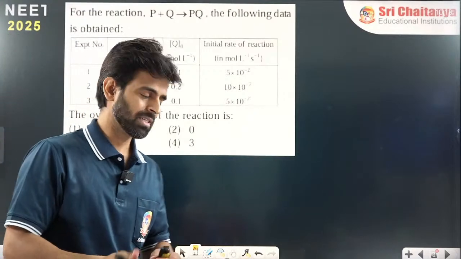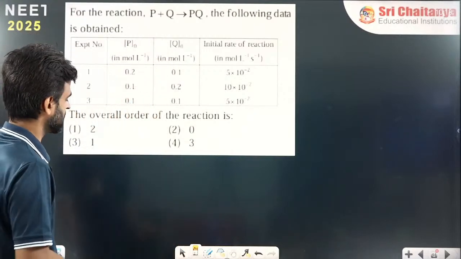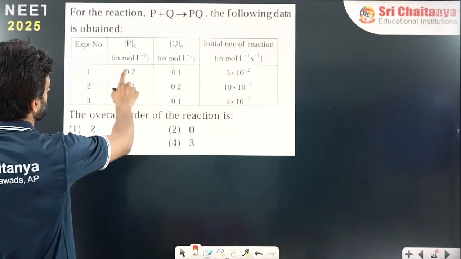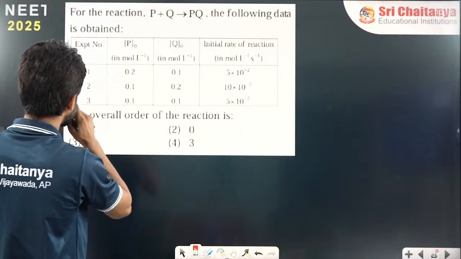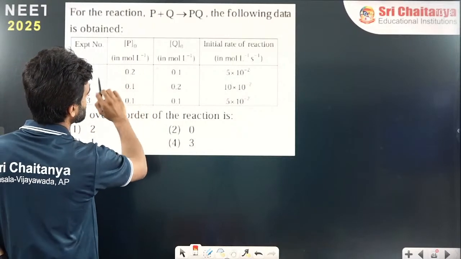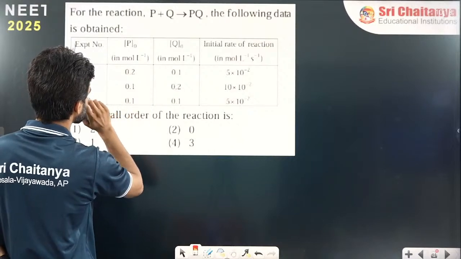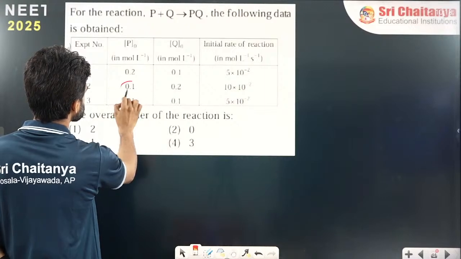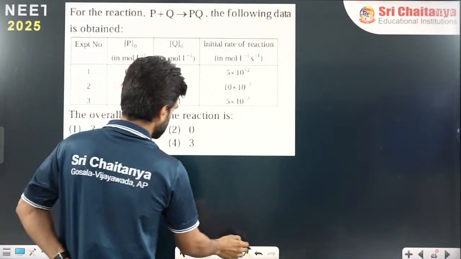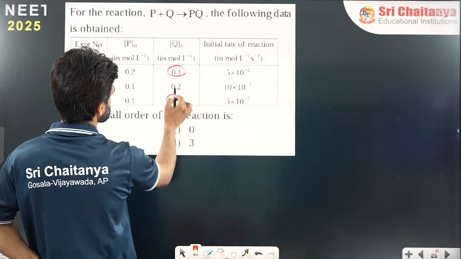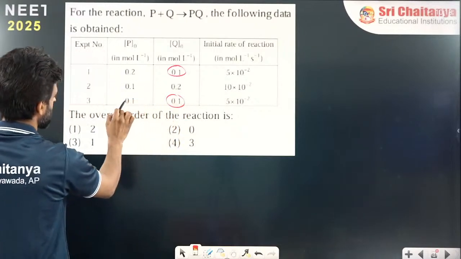So we have to see the rate expression or order now. What do we have? It's P and Q, right? It's 0.2, it's 0.1. So first of all, see very carefully. In these two cases, Q is constant.